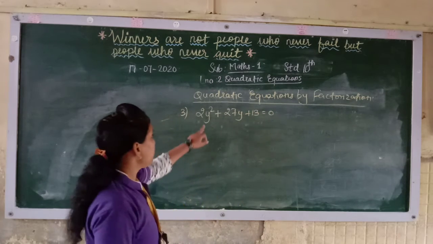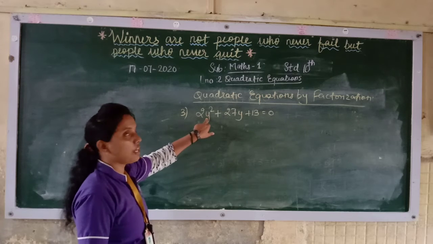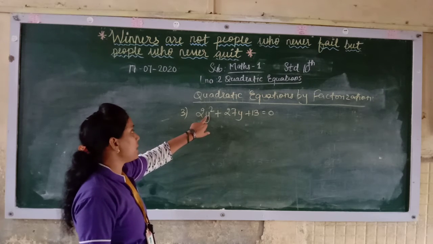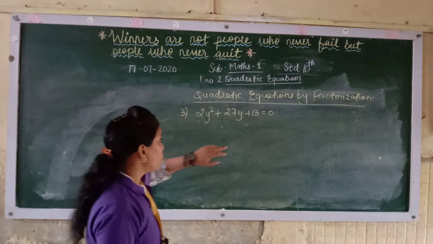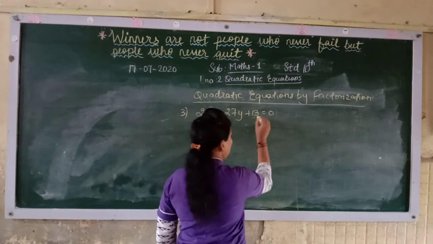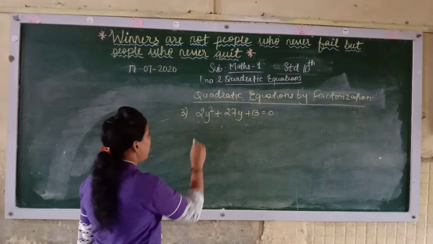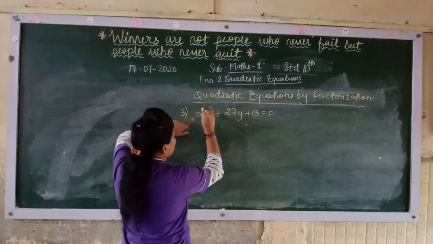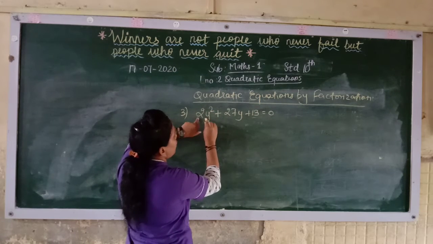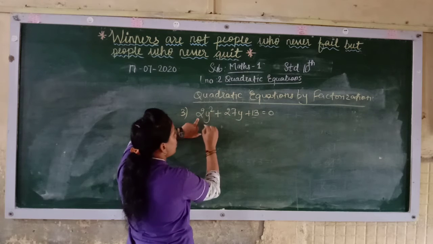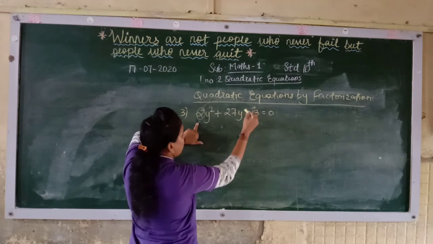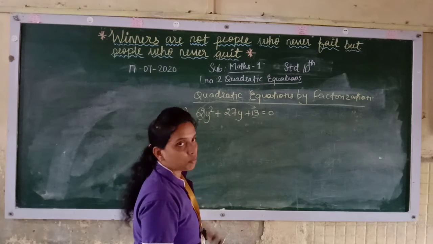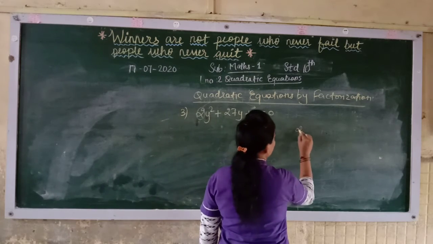Now see, this first coefficient, the variable y square, is having 2. So now you don't just have to see this number. What you have to do is multiply this first coefficient 2 with the constant number. So 13 twos is how much? 26.